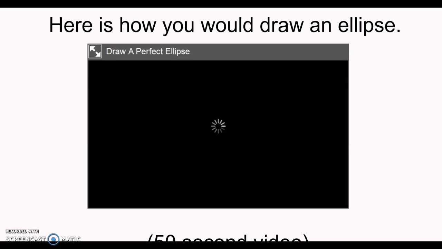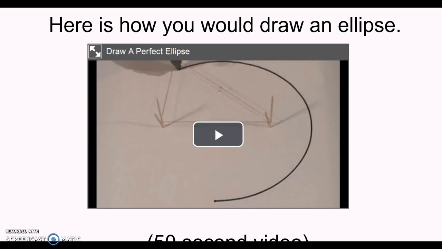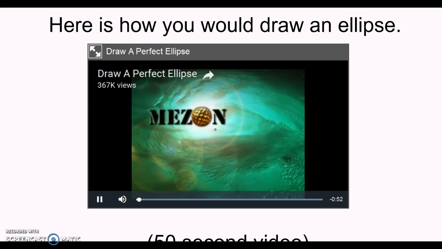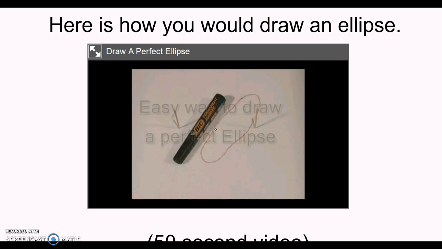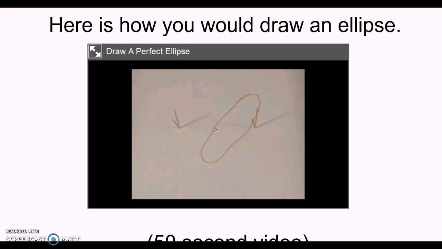So I'm going to play this video for you. I just want you to be aware of how you would actually draw an ellipse. Now the idea is that you have 2 points here.